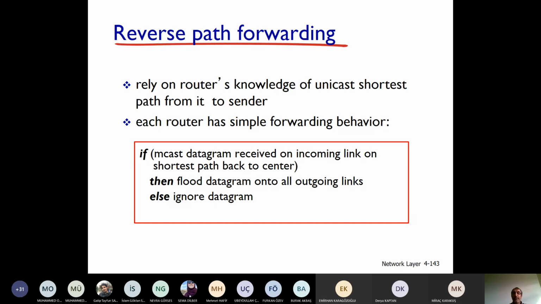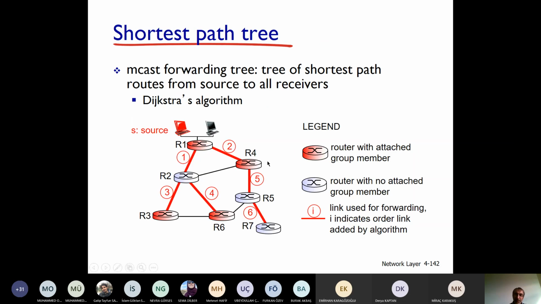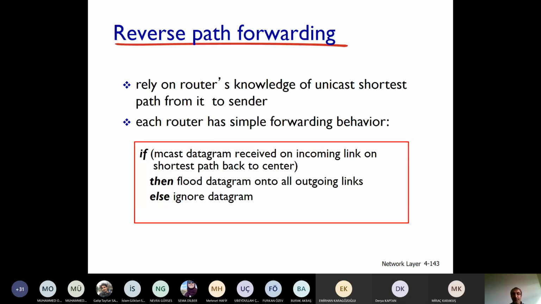If the multicast datagram is received on the incoming link on the shortest path back to the source, which is the red path on the shortest path tree, then I'm going to flood the datagram on all outgoing links. Otherwise, I'm going to ignore or discard this datagram. I'm not going to forward it. So reverse path forwarding works with this simple behavior.